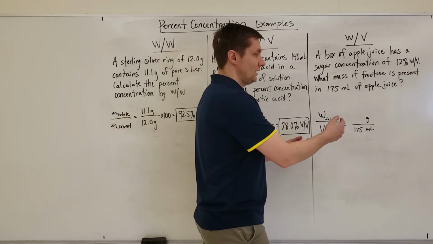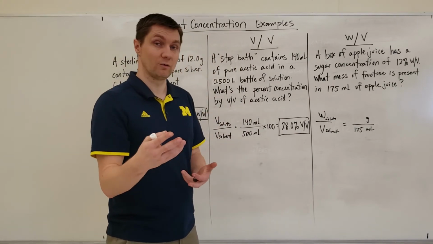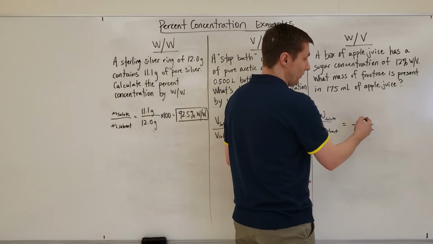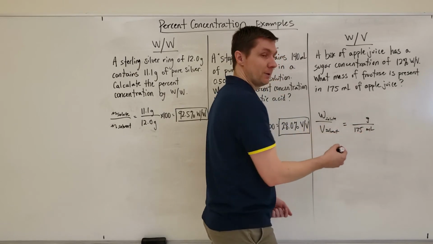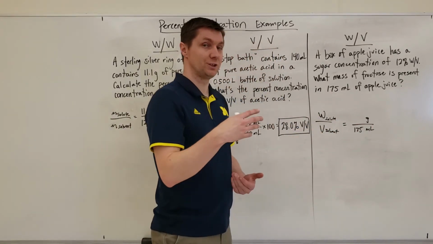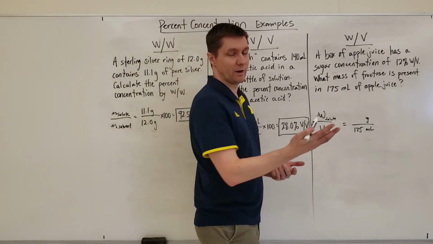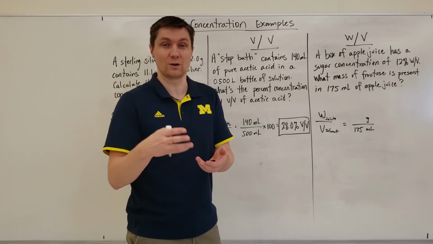It says that the percent concentration of this weight to volume is 12%. So if I take this number divided by 175, that should give me the 0.12 that I'm looking for. I could times it by 100, but I don't want to, because I don't want to deal with 12.